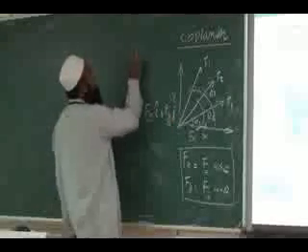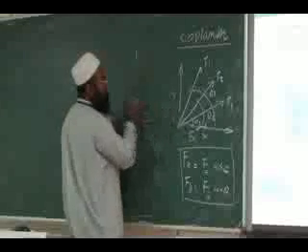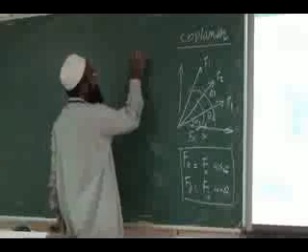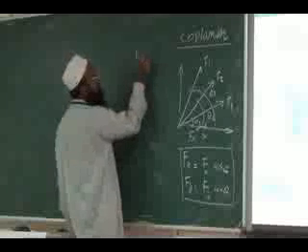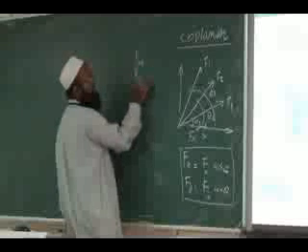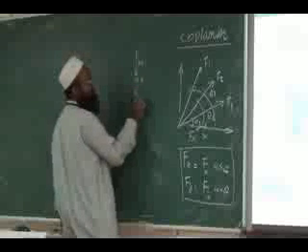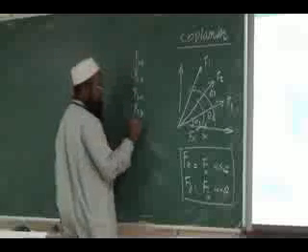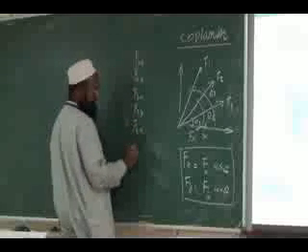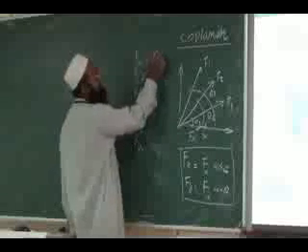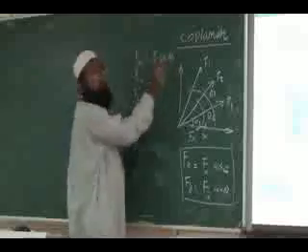You write F1x, F1y, F2x, F2y, F3x, F3y. And F1x is F1 cos theta 1.